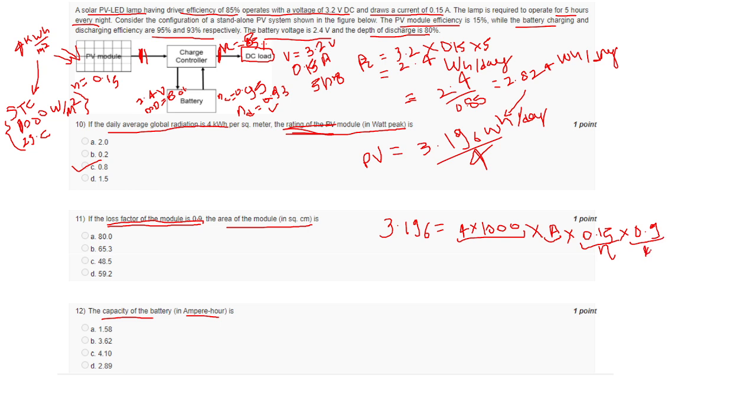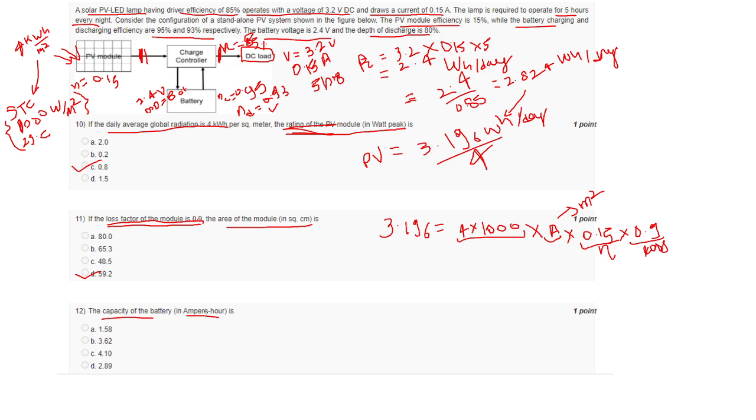When you do the energy balance, you can calculate the area, and you will get the area in meter square. The answer is asked in centimeter square, so change it to centimeter square, and the value will be 59.2 centimeter square.